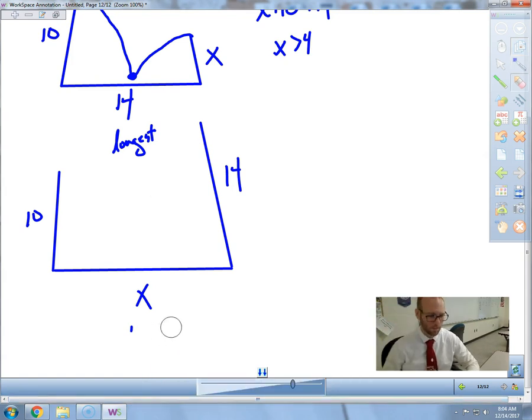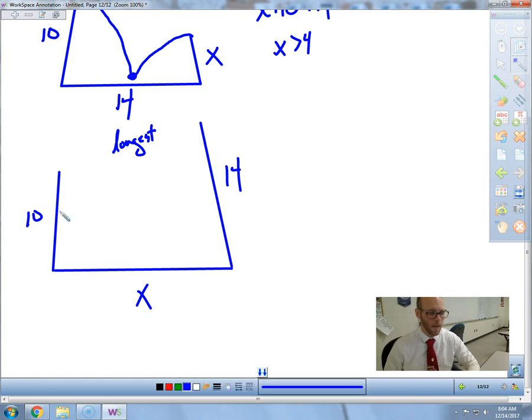Okay. How about if x was 20? Would that make a triangle? Would the 10 and 14 be able to reach each other if the bottom was 20? Yes, it is. Okay. How about 22? How about 15? Yeah. Okay.